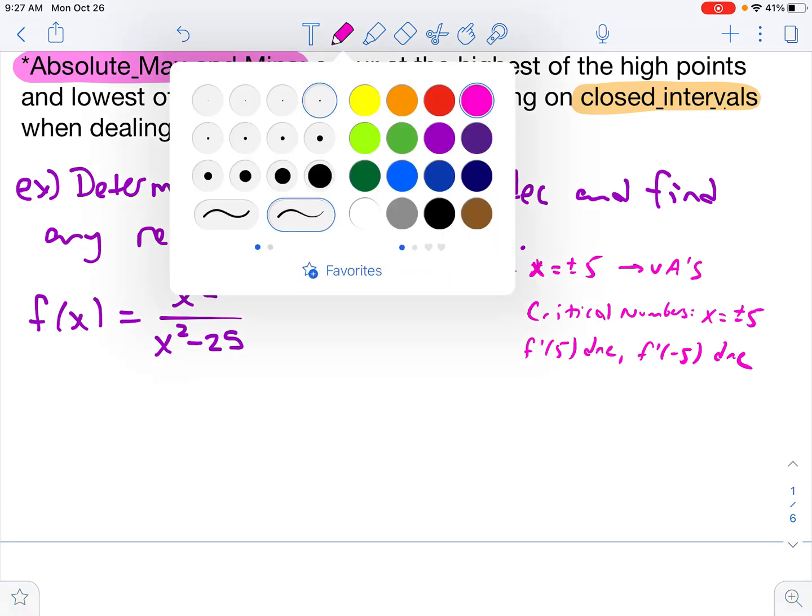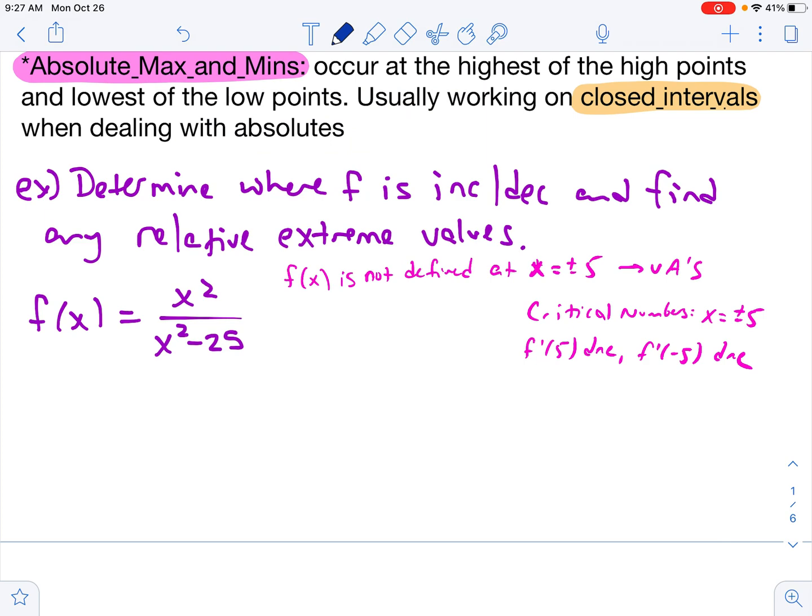Okay. Now, to find where the function's derivative is equal to 0, we've got to look at the derivative. I'm going to use the quotient rule here: derivative of the top times the bottom minus derivative of the bottom times the top, all over the bottom quantity squared. Let's see if we can clean this up.